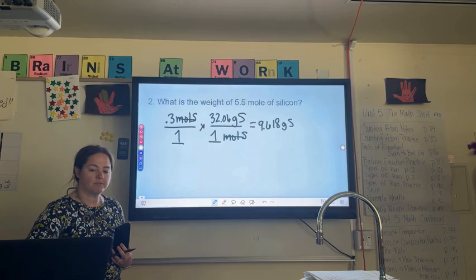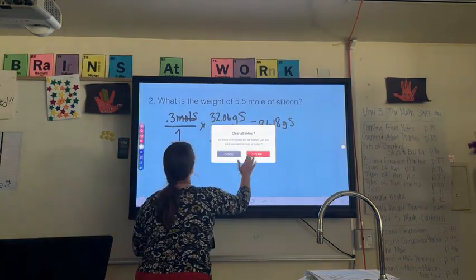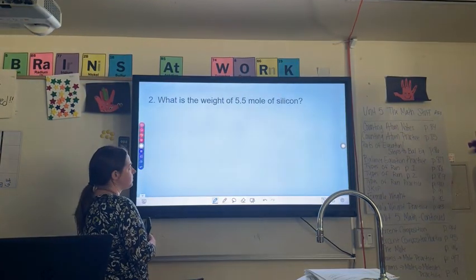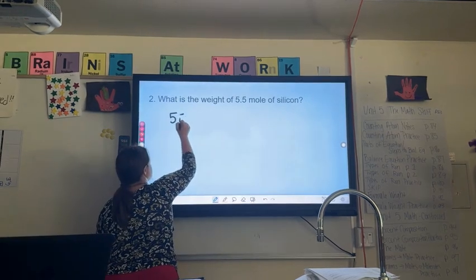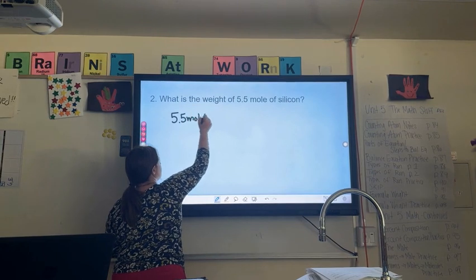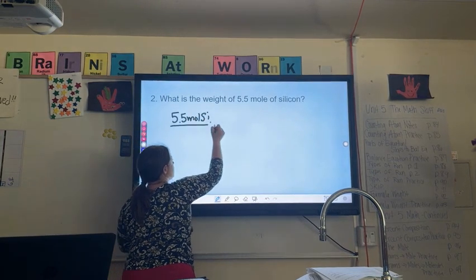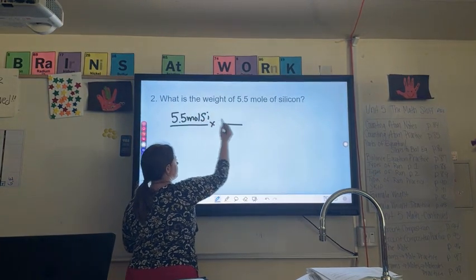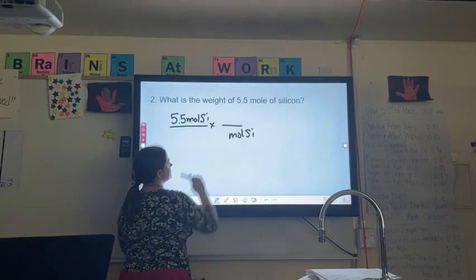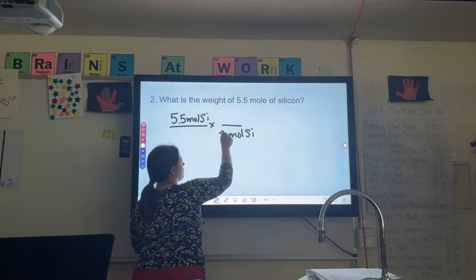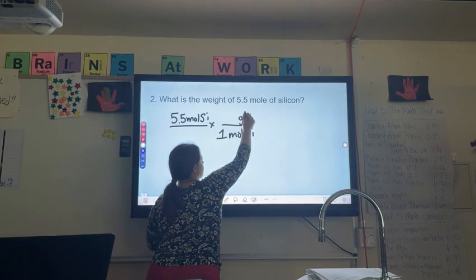Let's do a second problem. Our question says, what is the weight of 5.5 moles of silicon? So our given is 5.5 moles of silicon. If you have moles of silicon at the top, you need moles of silicon at the bottom. Our units are always the same at the diagonal. 1 mole is equal to the mass of silicon.